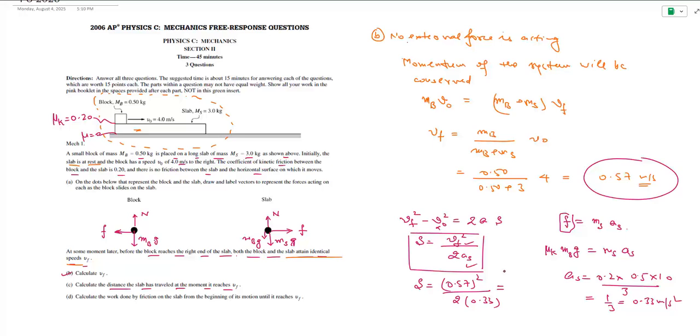Okay, 1 second. It is 0.488. I was just checking. So that is the displacement of what? This is the displacement of the slab. Right? So that is the answer to part C.